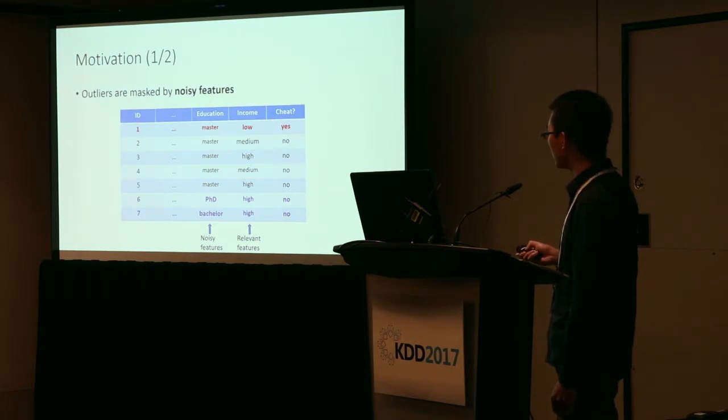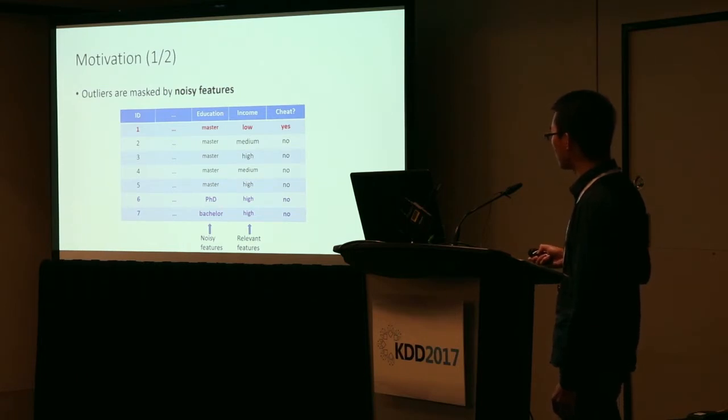We assume the rare patterns are outliers, and this feature is a relevant feature, so the outliers have rare values here. The non-outliers have high frequency values, but this is the noise feature.